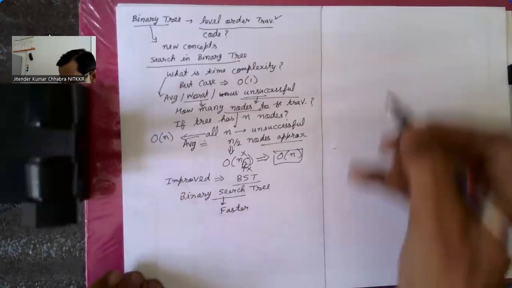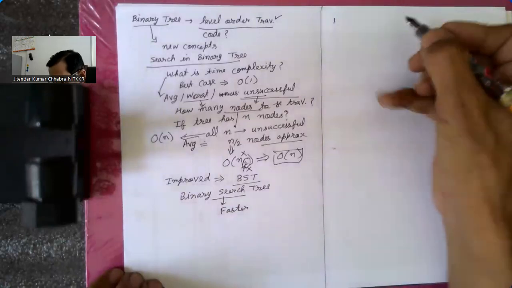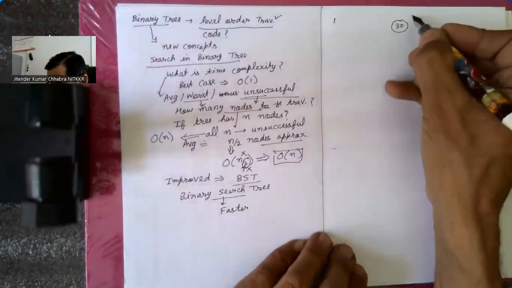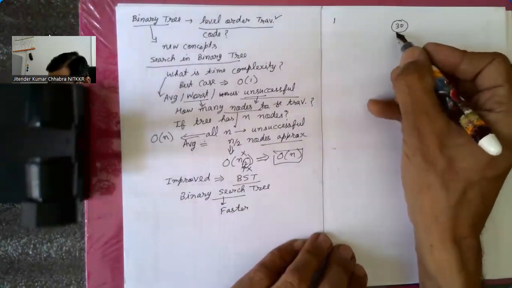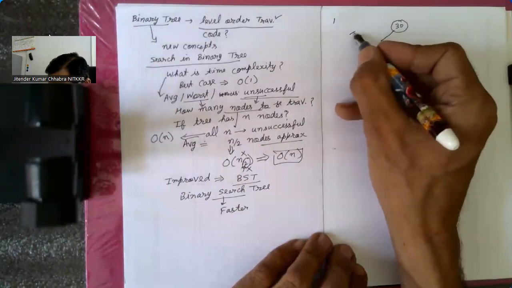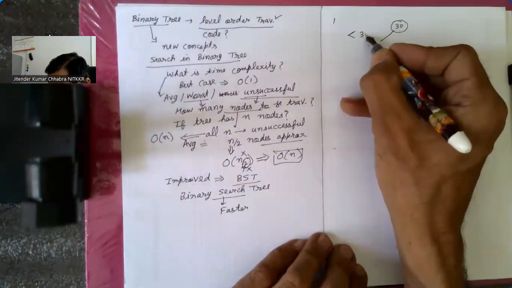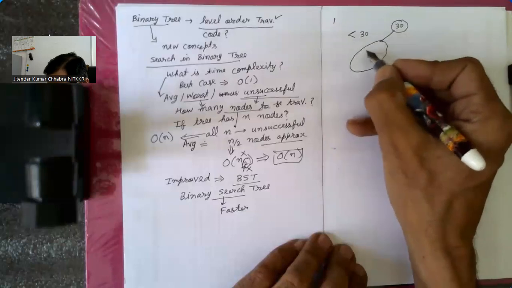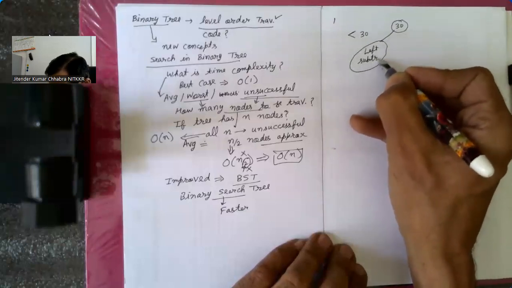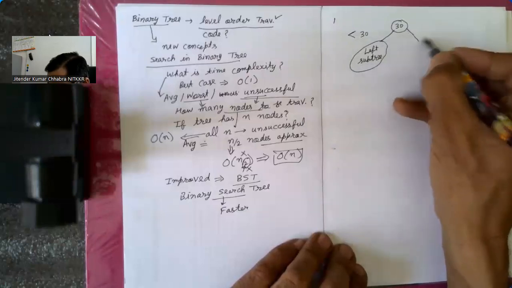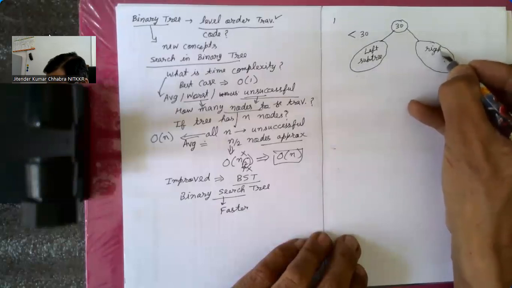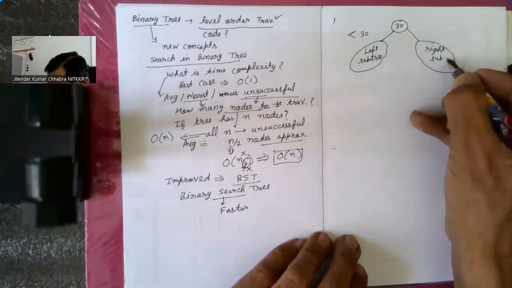Binary search tree effectively means that if I have a value here on root 30, then the rule is the left subtree will have all values less than 30, and the right subtree will have all values greater than 30.